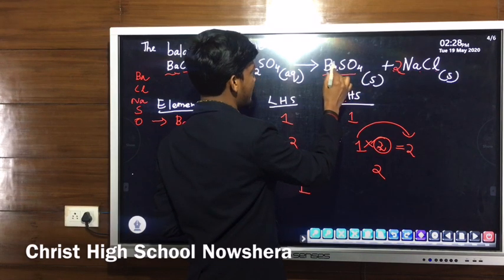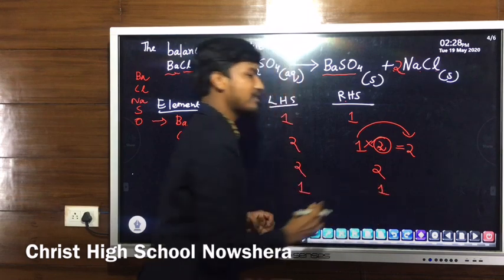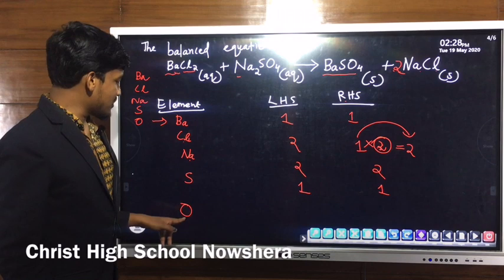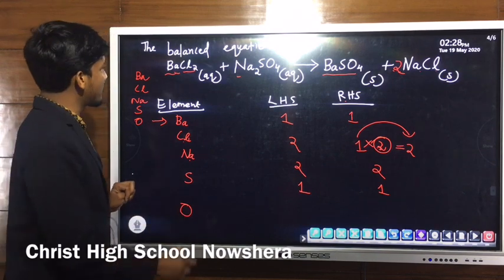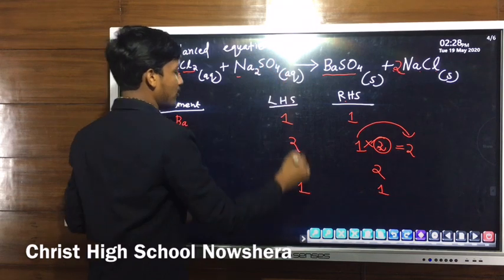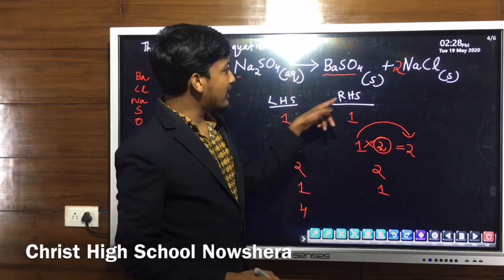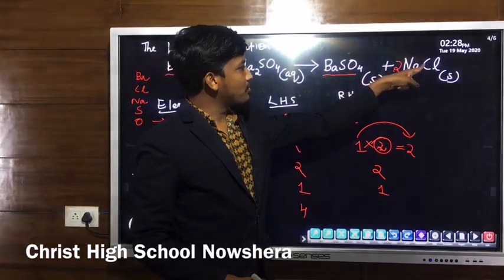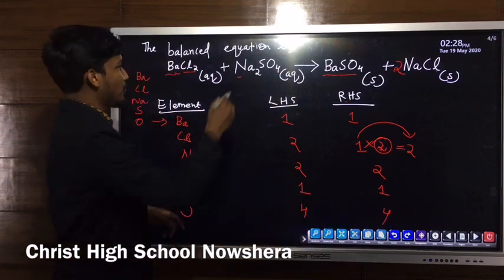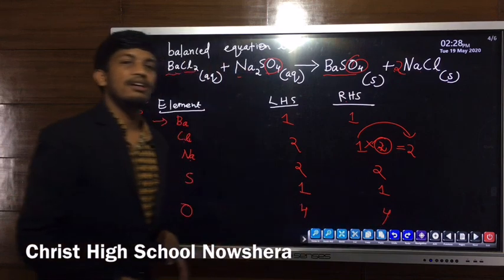In BaSO4, that is BaS1O4. Here also 1 sulfur atom. So it is balanced. No changes. Now last one, oxygen. Oxygen is in Na2SO4, O4, so 4 oxygen atoms on the left. On the RHS, 4 oxygen atoms in BaSO4.